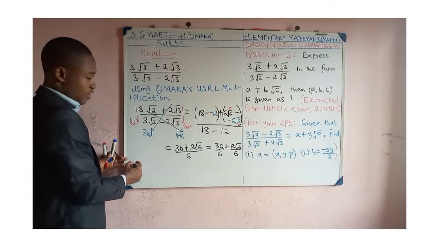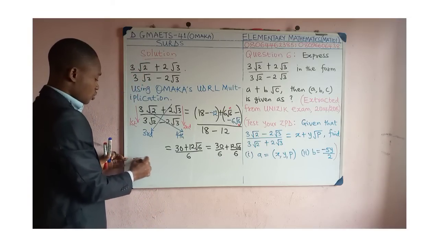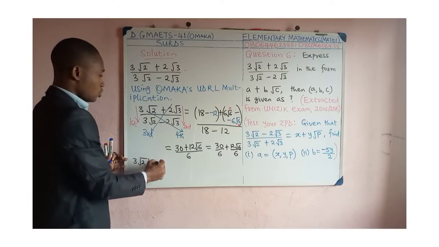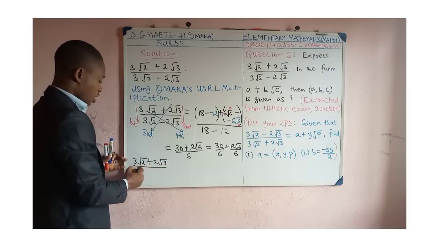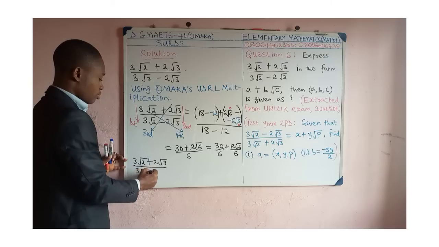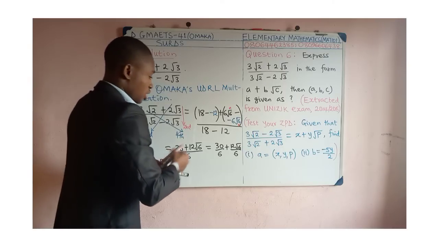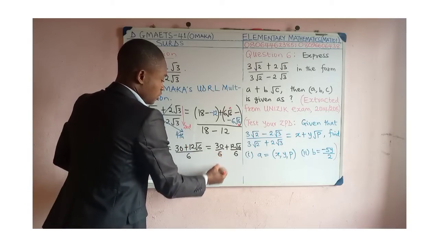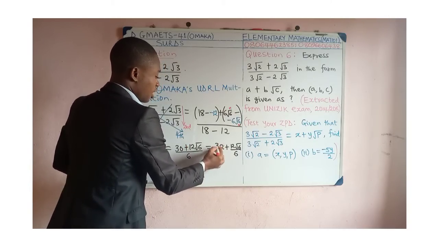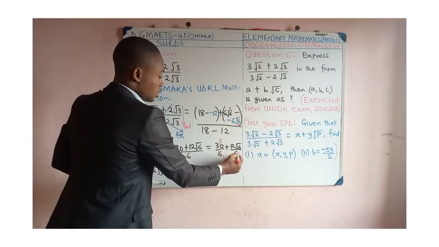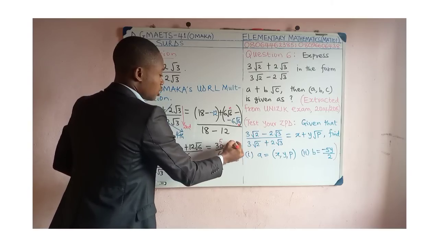The result of this will give us that 3 root 2 plus 2 root 3 all over 3 root 2 minus 2 root 3 will be equal to, come over here, then do your division. 6 into 6 is 1. 6 will divide 30, you get 5. Then 6 here, 1. 6 here, you get 2.